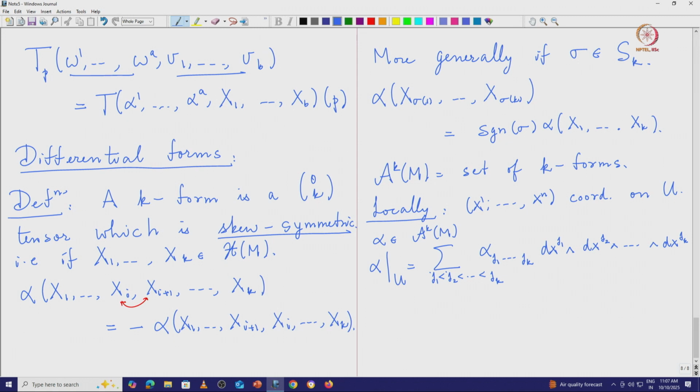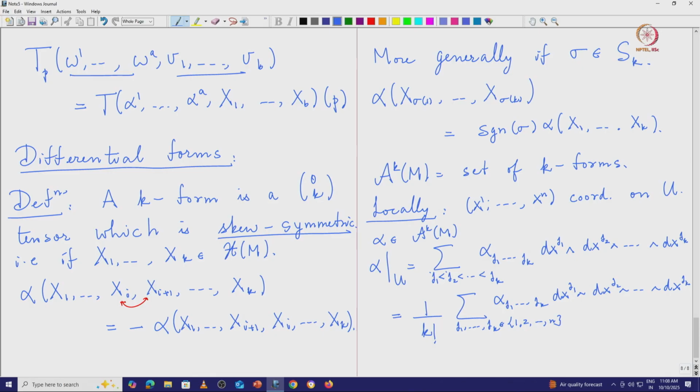Sometimes it's actually convenient to forget about the ordering, so then you take 1 by k factorial over all possible indices, and then remember that by skew symmetry, if two of the indices are equal, then anyway you get 0, right? So those things do not contribute to this sum.